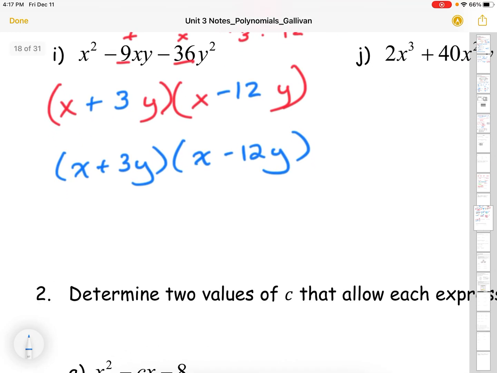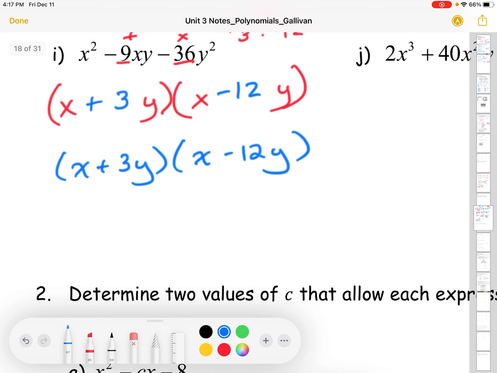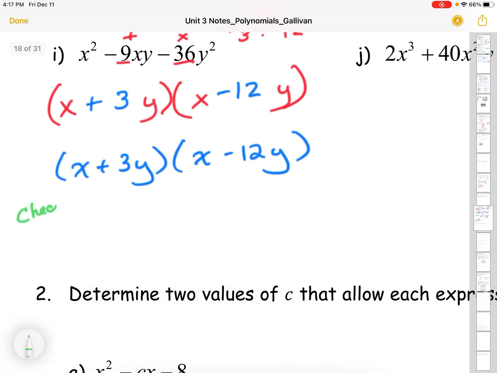Now this one, let's FOIL just to make sure, because we've got those y's in there, we want to check them. So it's going to be x times x, which is x squared. x times negative 12y is negative 12xy. 3y times x will be plus 3xy.